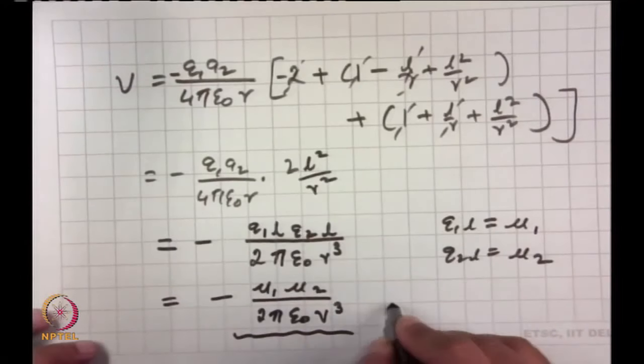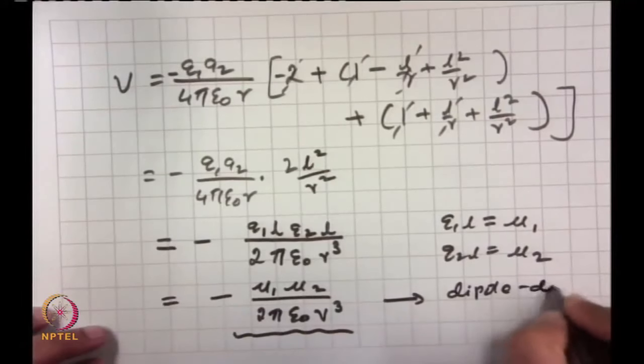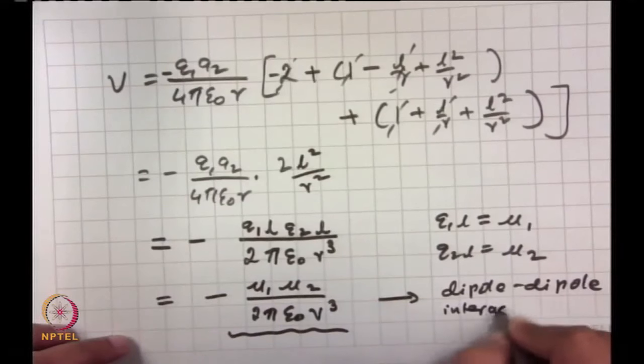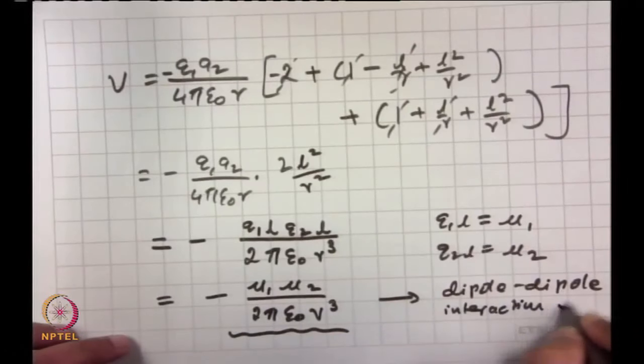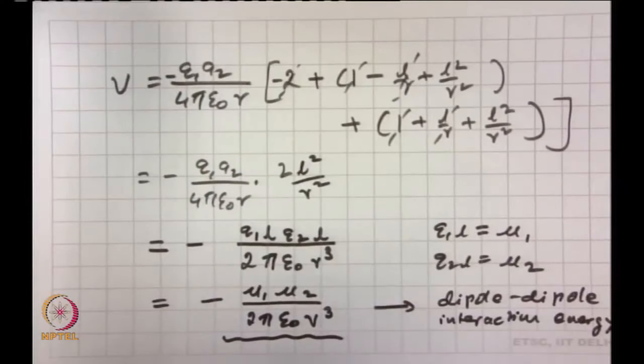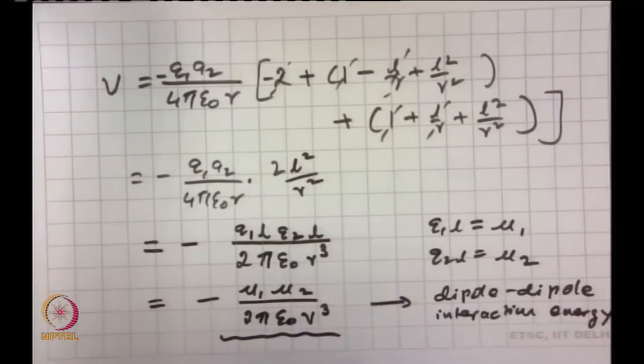So, this is again your dipole interaction energy. Now, one thing you have to keep in mind is that the same way we did for an ion and dipole, we brought in a cosine of theta term.